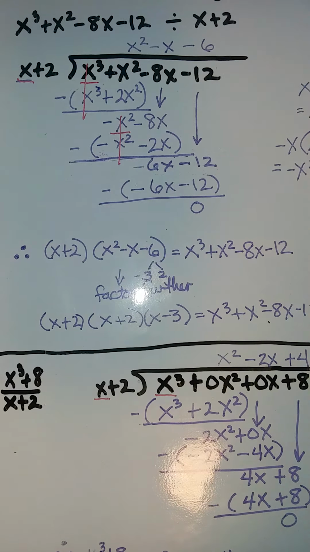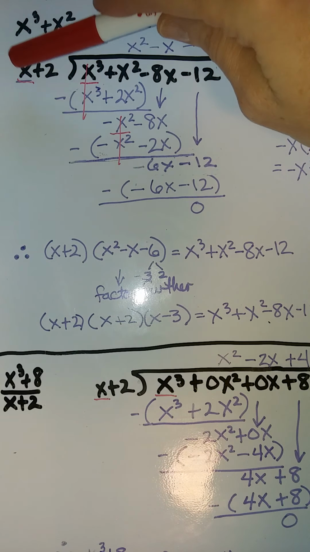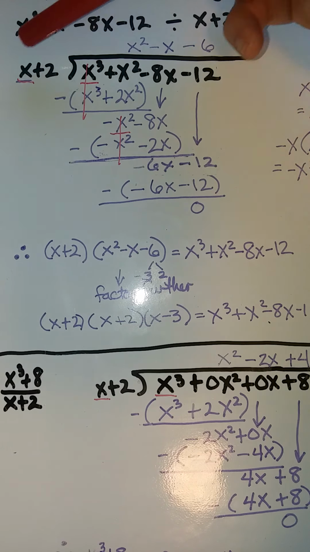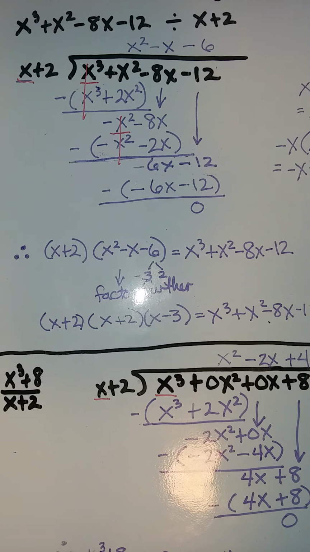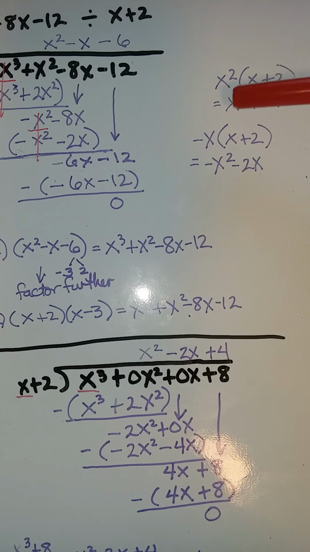After we do that, we take a look at this first term in the binomial, and we're going to look to see, what do I have to multiply x by to get to x cubed? Well, it's going to be x squared, but once I take this x squared, I'm going to multiply it by the whole binomial, so I've got to multiply x squared by 2.